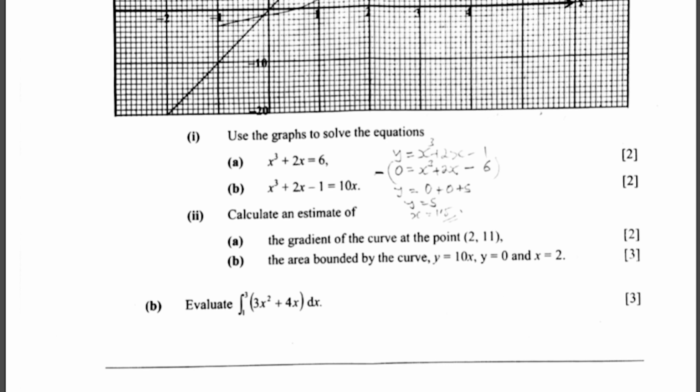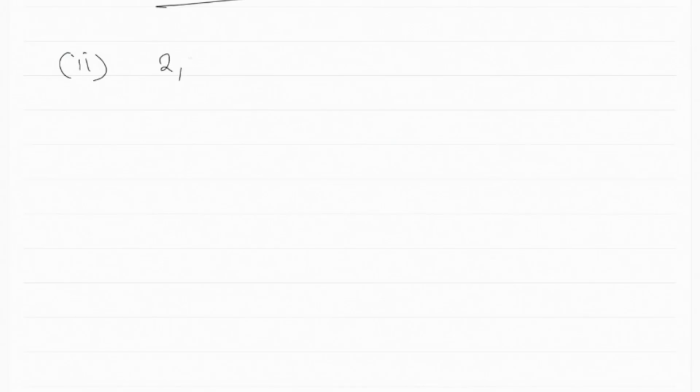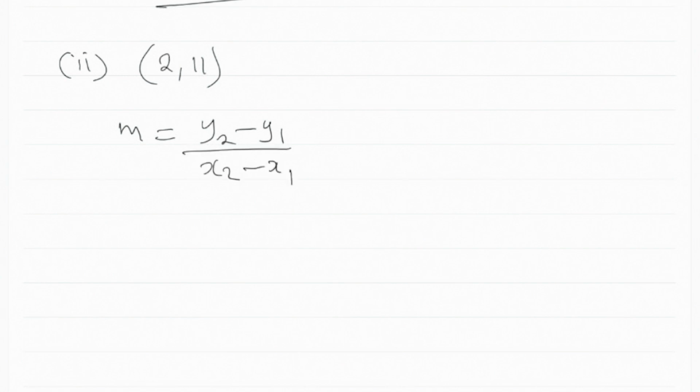Calculate an estimate of the gradient of the curve at the point 2, 11. Okay. Here again, you need to know that gradient equals change in y over change in x.